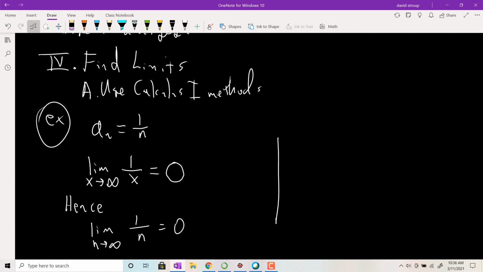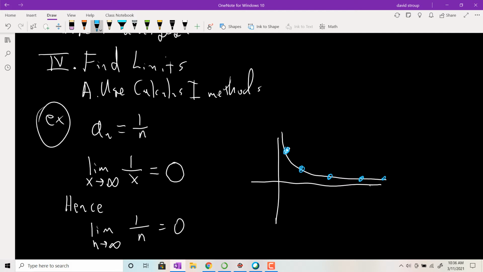And geometrically, you can assume that because the function 1 over x as x goes to infinity, you can see it gets really, really close. The sequence is kind of a light version of that. The sequence is basically just a bunch of dots, and you can see that the dots are going to be forced to get really, really super close to the x-axis.